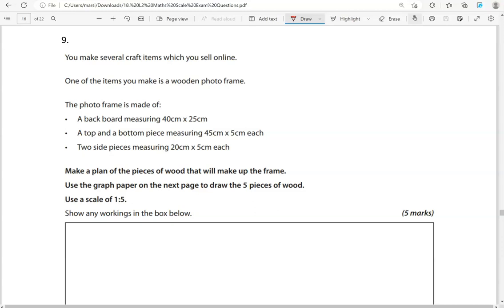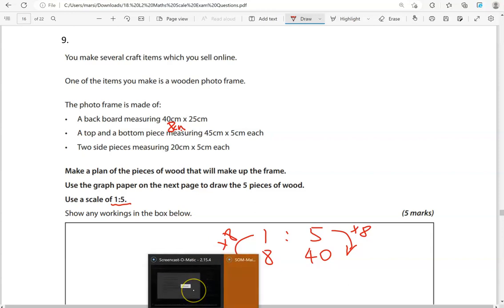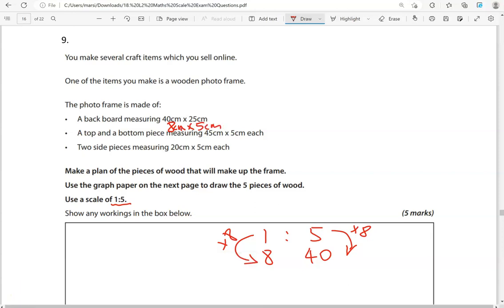So we've got a scale of 1 to 5. So 40 centimeters will be equal to 8. Because 5 times 8 equals 40, so 1 times 8 gives us 8. 25 centimeters will be equal to 5 centimeters in the grid.